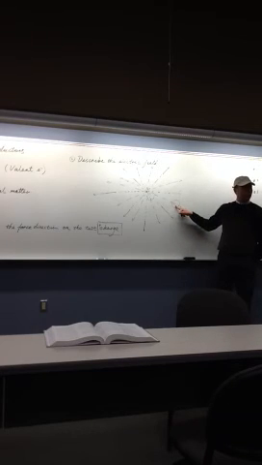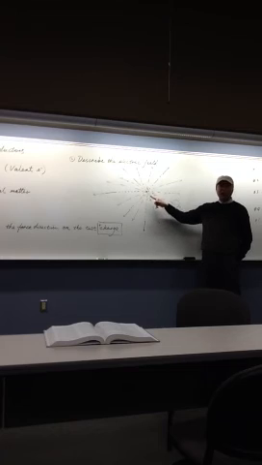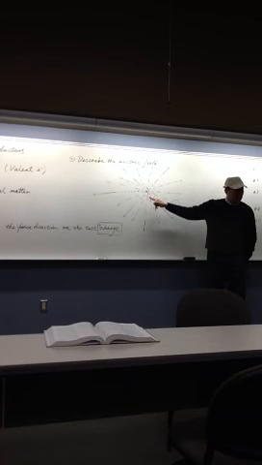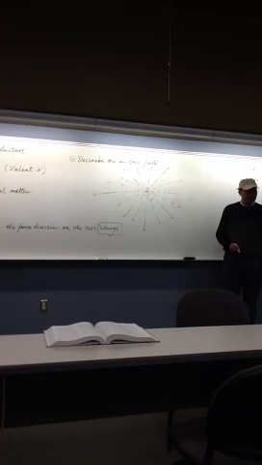Just 1. That's called what? Density of lines. Which means in a unit area, how many lines you have. If you have more lines, which means right here, the field is stronger. If you have fewer lines, which means the field here is not very strong.